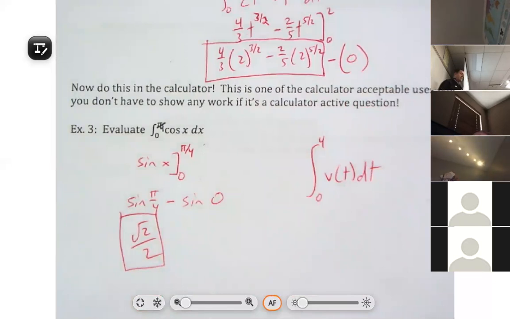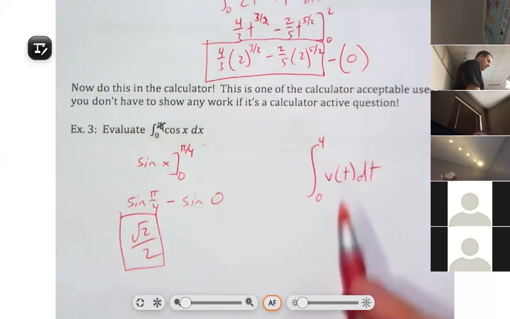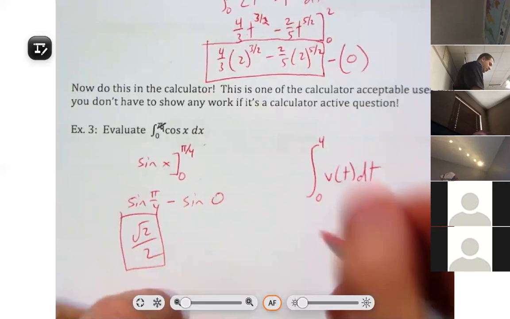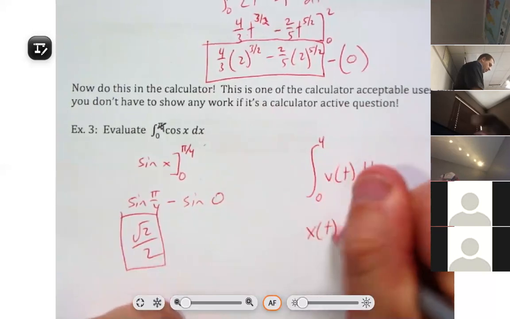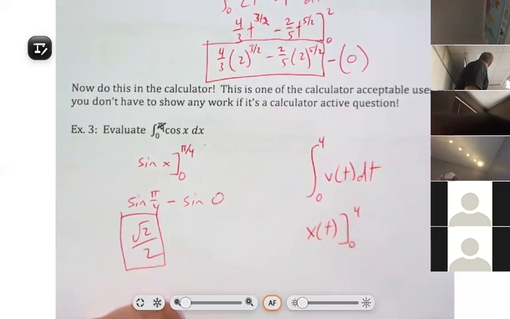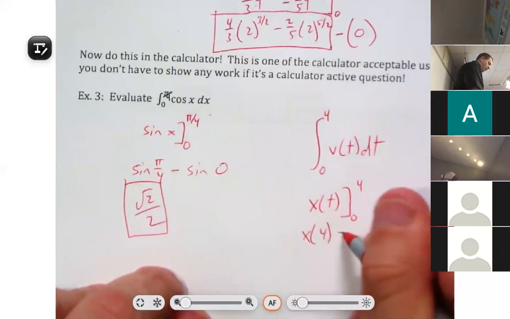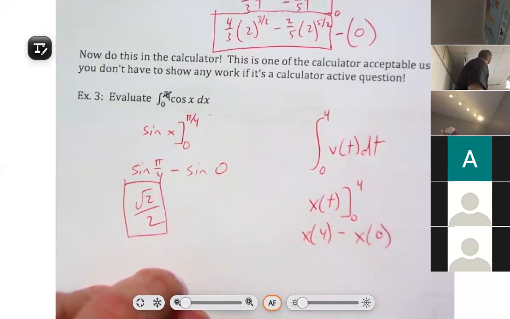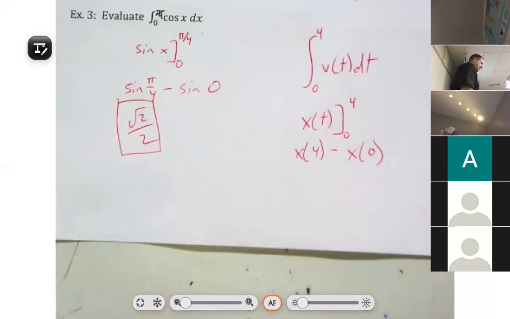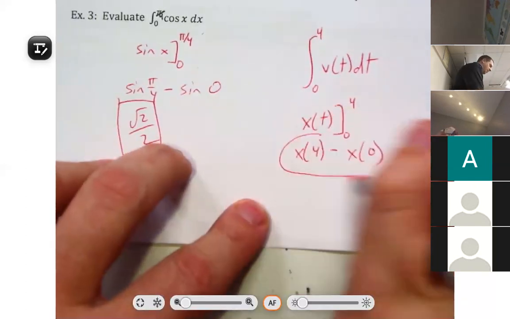So if I do this definite integration, and I'm not thinking about it in terms of area, okay? If I integrate velocity, I get back to position from 0 to 4. And then I plug in 4, take away position at 0. So what this is actually finding is how much the position changed.